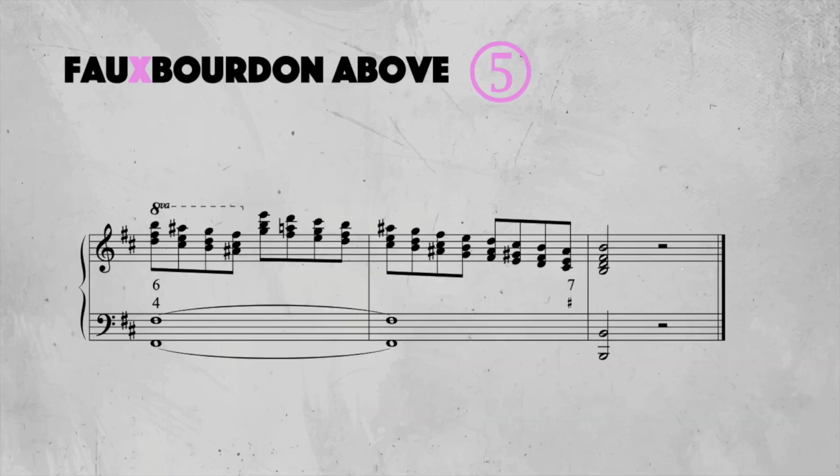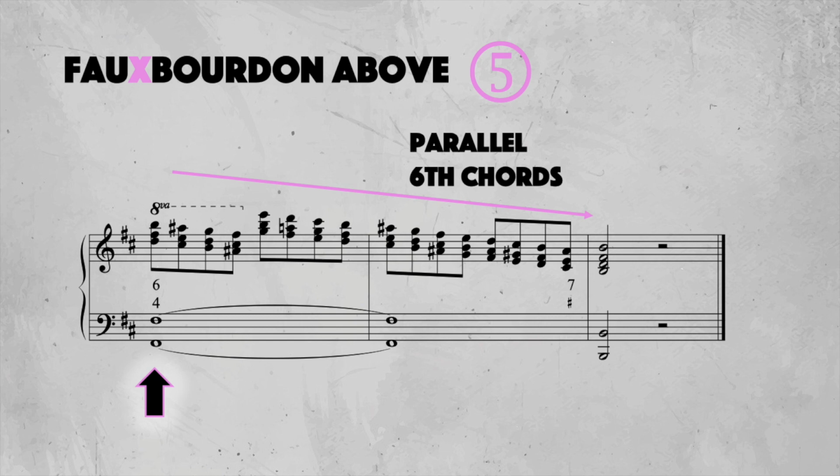That faux bourdon above the 5 is just another strategy to prolong a cadential 6/4 chord. Basically, I'm just pulling 6th chords throughout the harmonic minor scale until I hit the dominant that more or less resolves automatically.